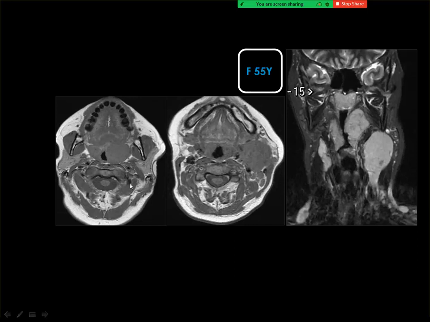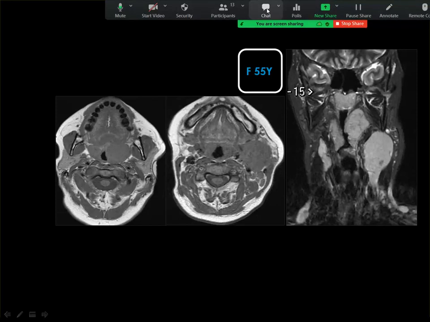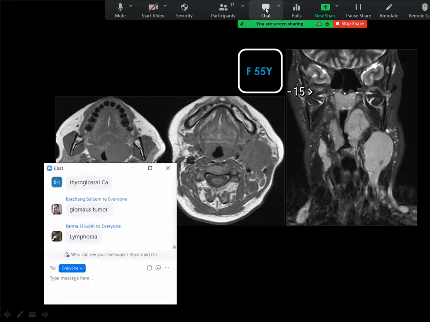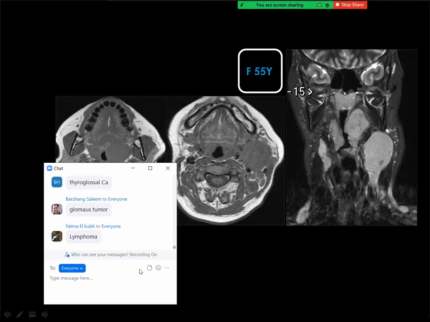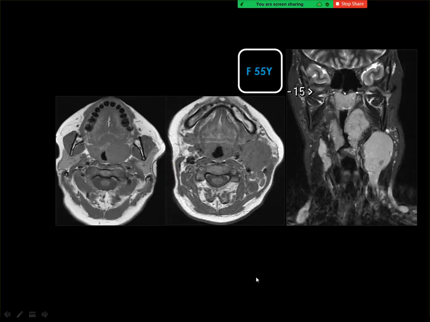And this is MRI T1 and coronal T2 weighted images of the neck of a female 55 years old. Yes, very good. The answer of lymphoma is good, but this is, of course, not a glomus tumor. There are no post-contrast images here.